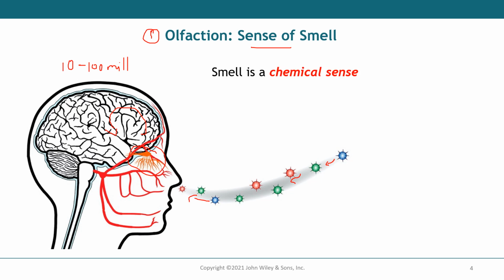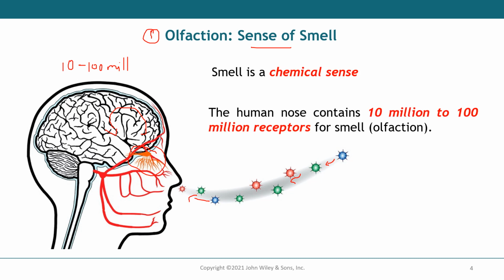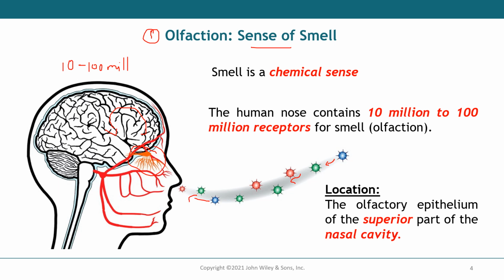So remember that smell is a chemical sense, and humans have between 10 million and 100 million receptors for smell, located in the olfactory epithelium in the superior part of the nasal cavity.